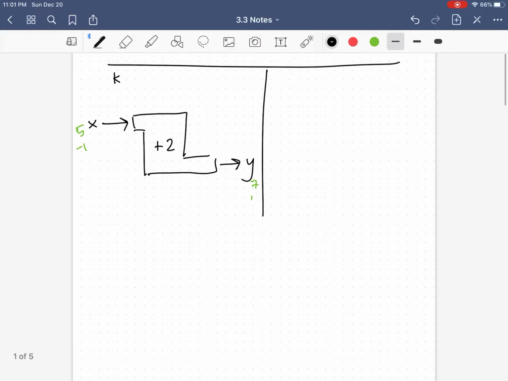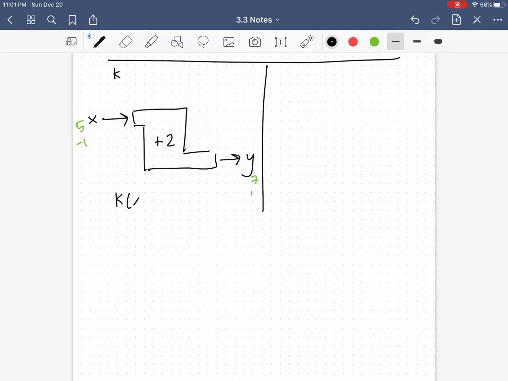In function notation, we would write this as k of x, because that's the variable that we are plugging in there. k of x equals x plus 2. In the past, we maybe would have just written y equals x plus 2, where y is the output.